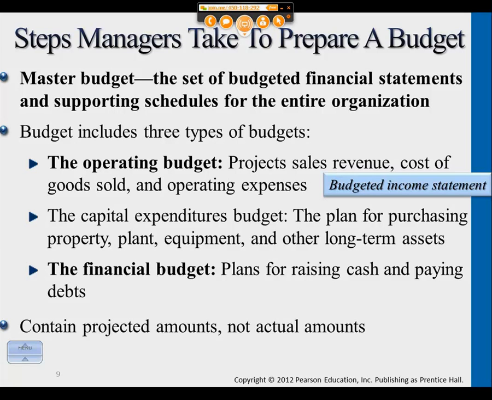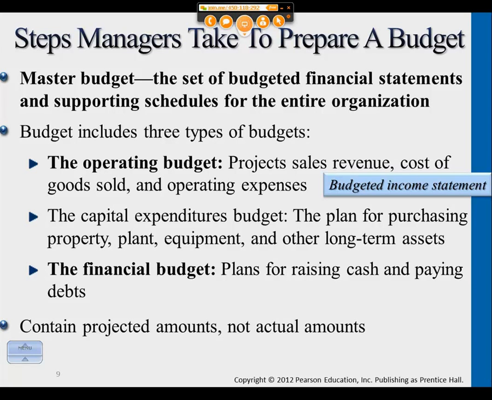And then the capital expenditures budget is the second one. This budget is the plan for purchasing different plants, properties, equipment, and such, whatever is the long-term asset. Okay, that would be your capital expenditure budget, long-term asset.